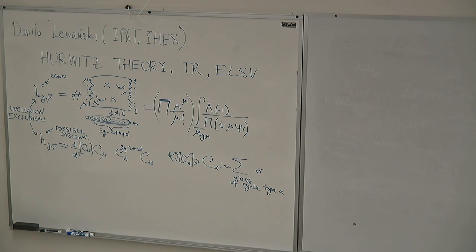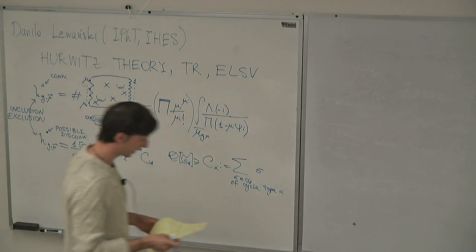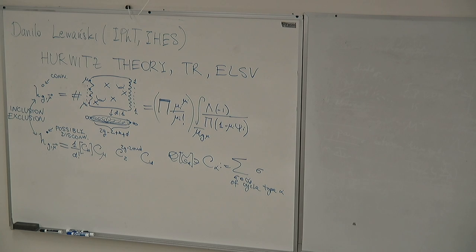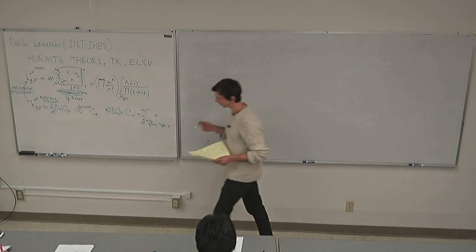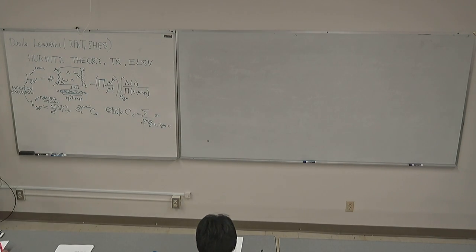And so I wanted to say about this ELSV formula that this was used many times to provide additional proofs of the Witten conjecture after Maxim's solution. For instance, Kazarian, Pandharipande, and then Mulase, Tseng, and Kazarian, Lando, and others, they all used the ELSV formula to reprove the Witten conjecture.